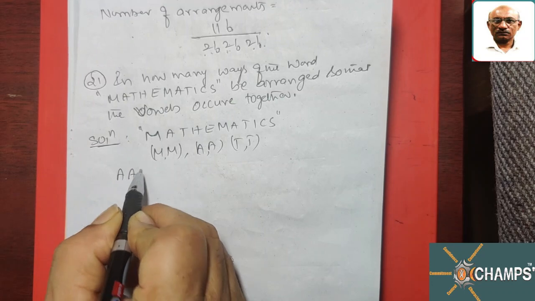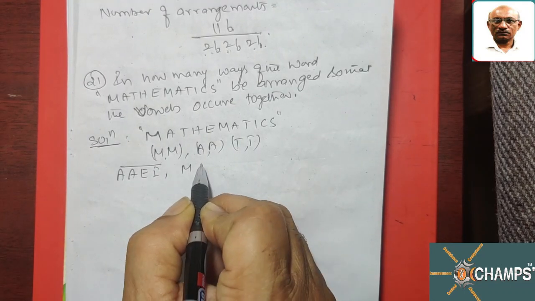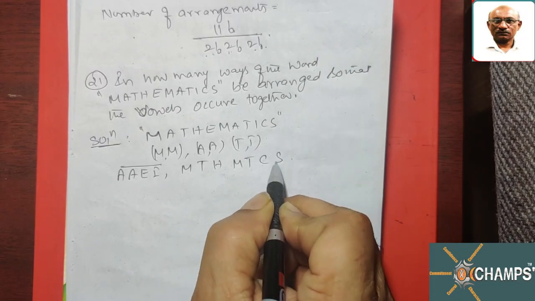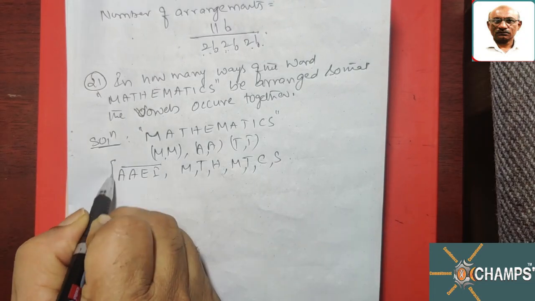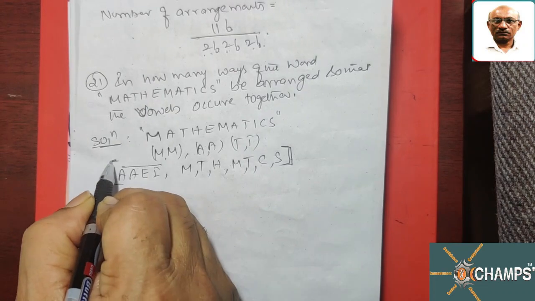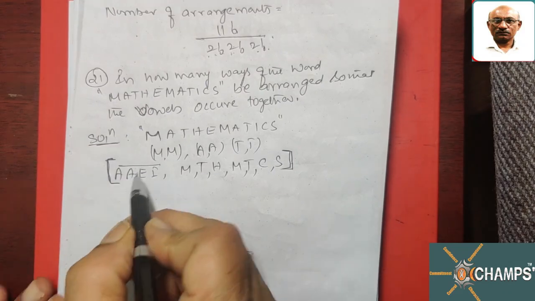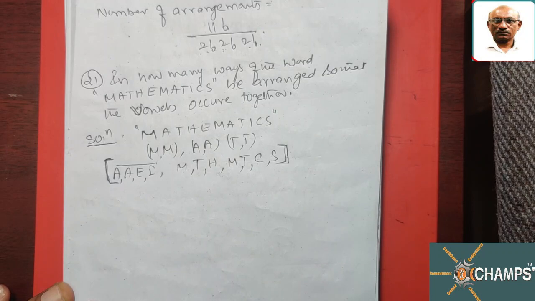So, I'll keep vowels in one bracket and I'll write consonants separately. Now it is together, so use 2 brackets, treating the 4 vowels as one letter.